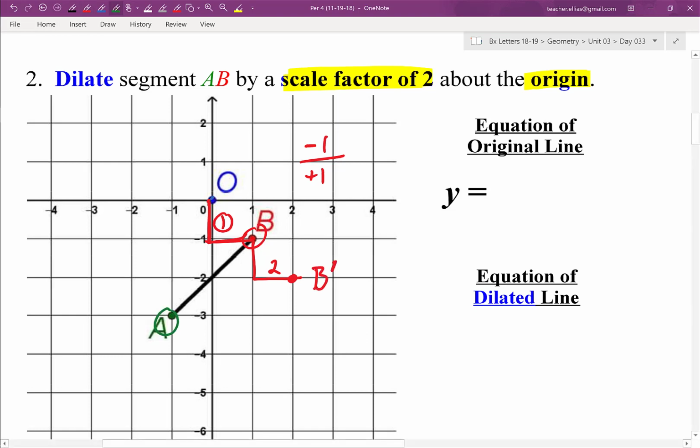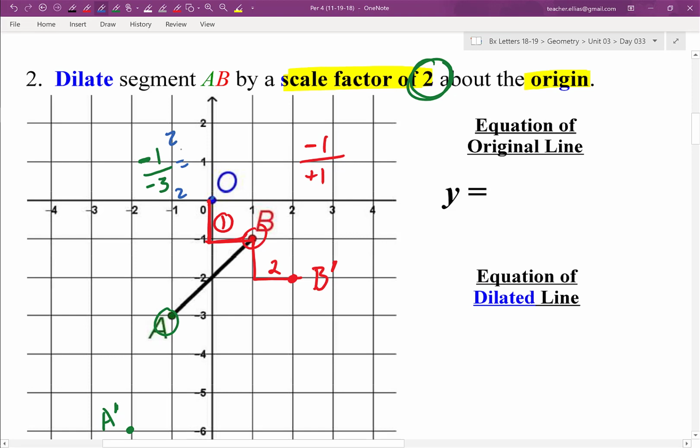For A, it's visually to the left 1 and down 3. So -1, -3. And you're going to do it 1 time and a 2nd time. A prime would go right there. But mathematically, because not all the problems will you be able to do visually, we're taking our scale factor and we're multiplying the rise and the run.